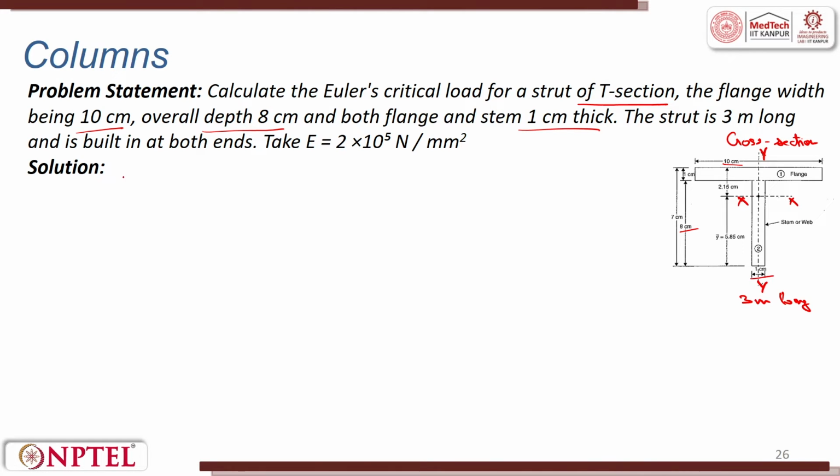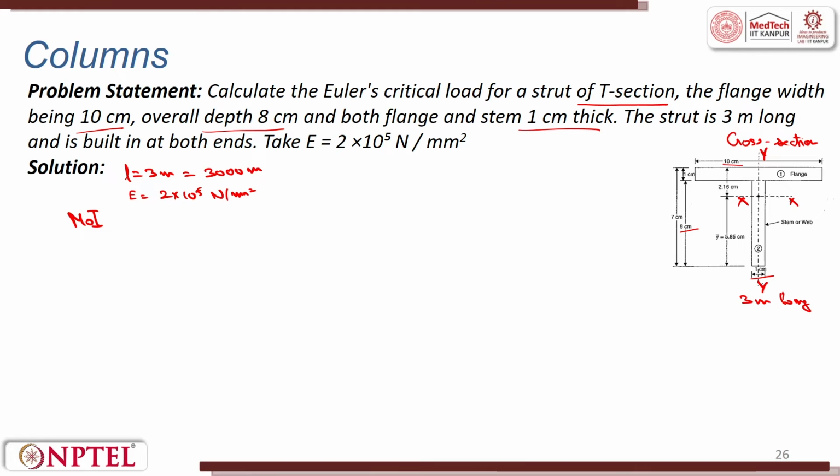So, you have been given length equal to 3 meter, that is 3000 millimeter, and E is given as 2 into 10 raised to power 5 newtons per millimeter square.